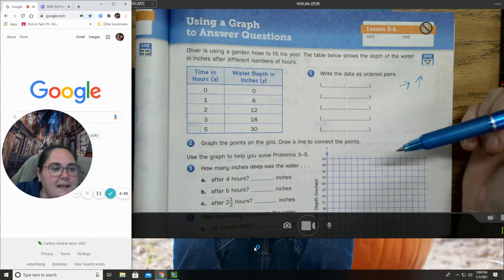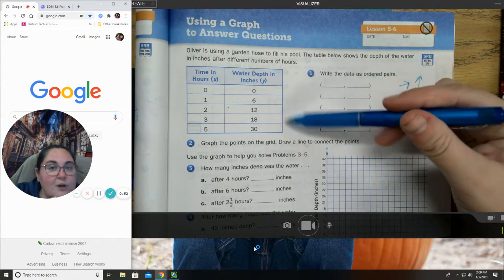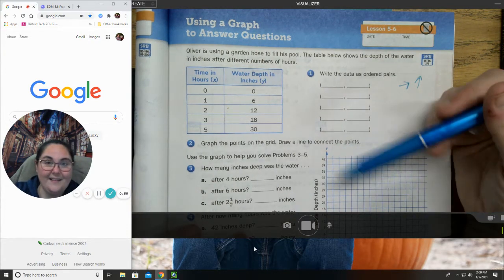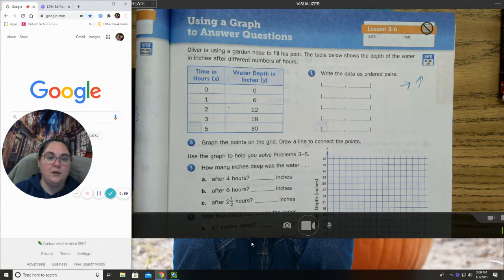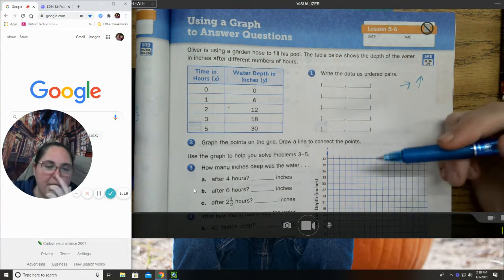This should be easy. All of my data is already in my graph. So finding these numbers should be super simple. So I want you to write down all of the coordinates that we would find from this chart in the coordinate grids. So I want you to pause the video and go ahead and write down all of your coordinates in your math workbook.